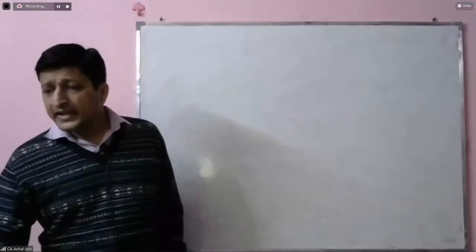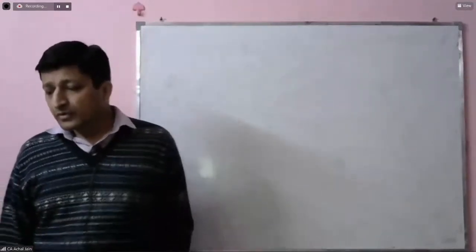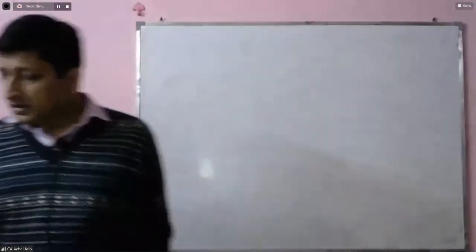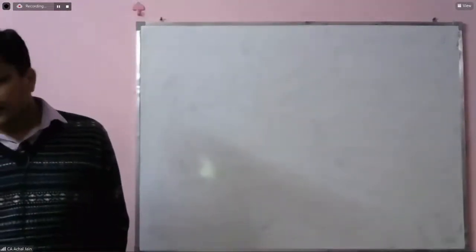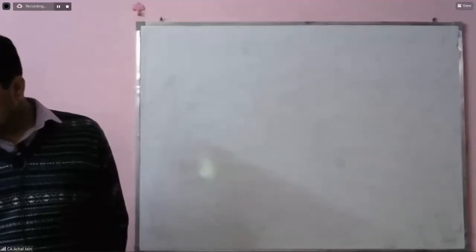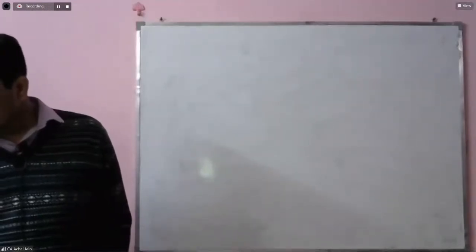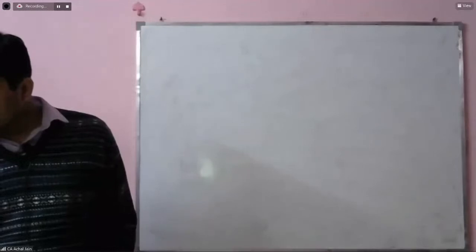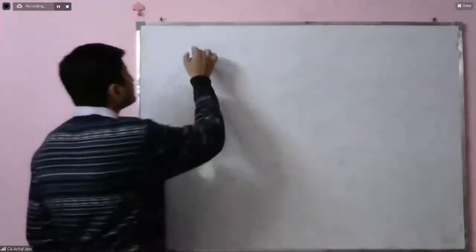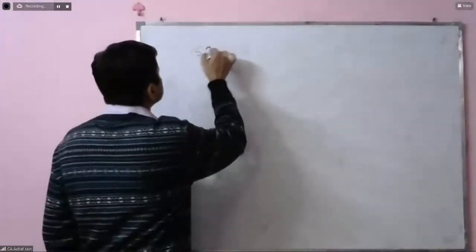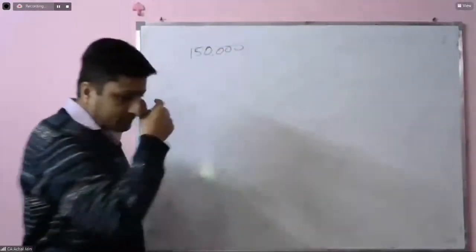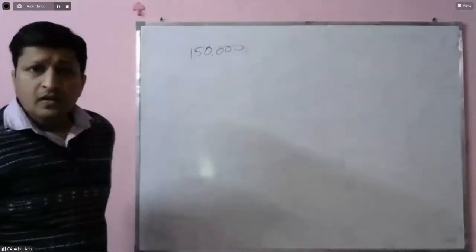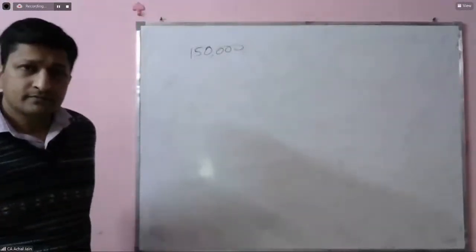Let's suppose I take an example of, say, 1,50,000. Say there is a total amount of 1,50,000 which has been considered. You can say this is the asset value, correct?